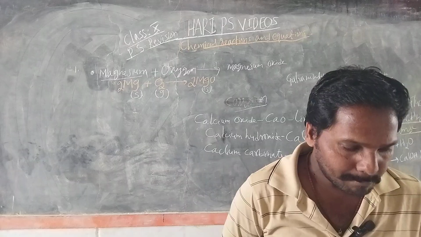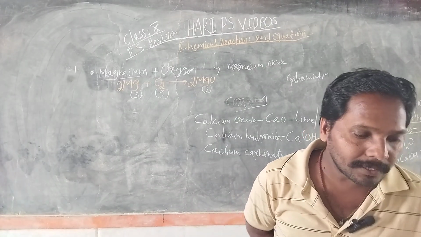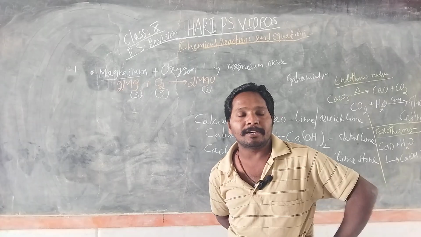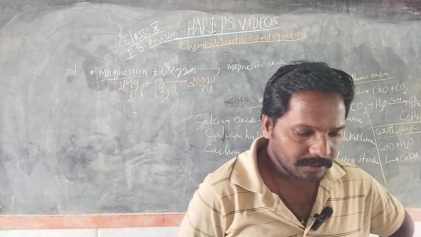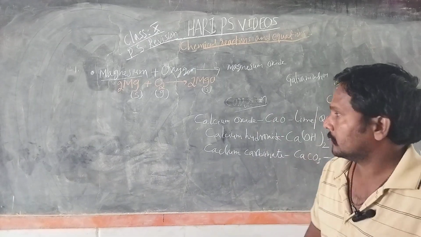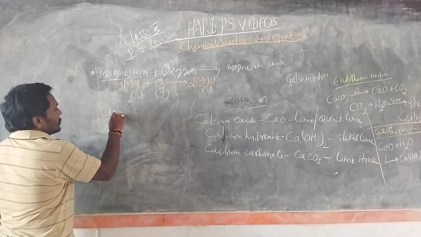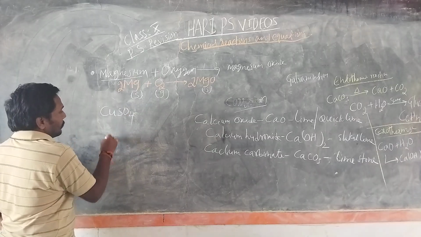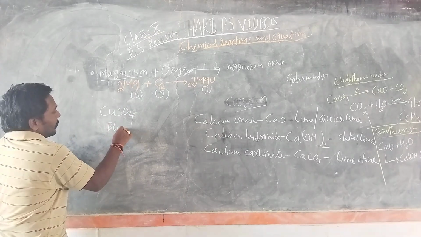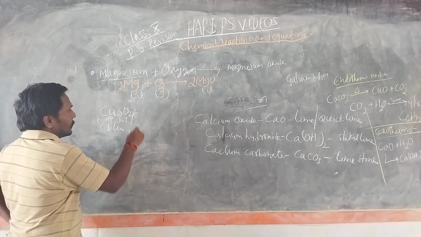Next question. Why does the color of copper sulfate solution change when an iron nail is dipped in it? Copper sulfate is an aqueous solution, blue in color.